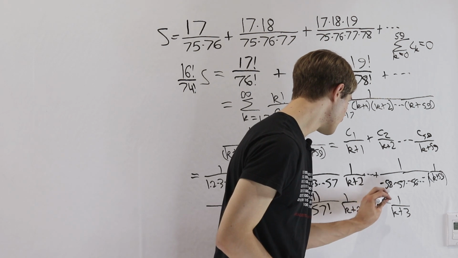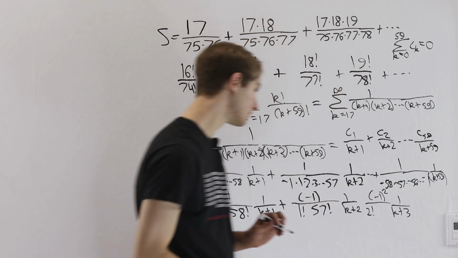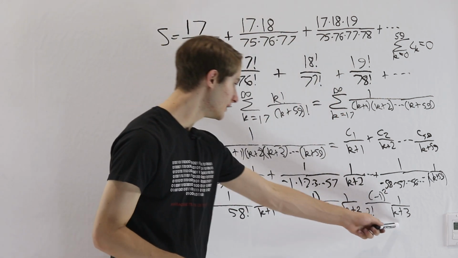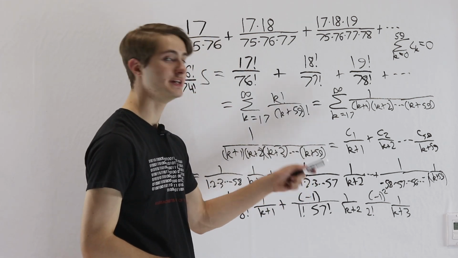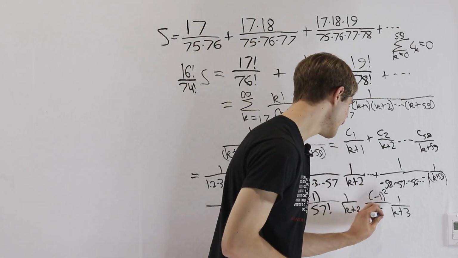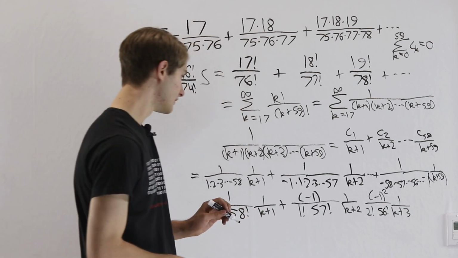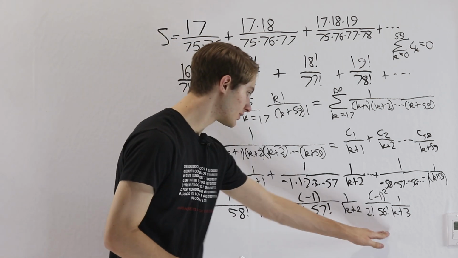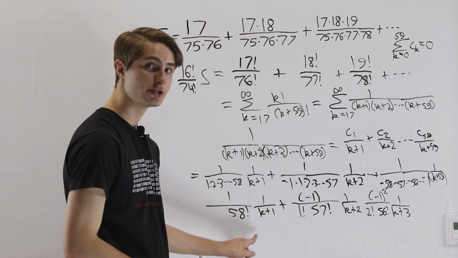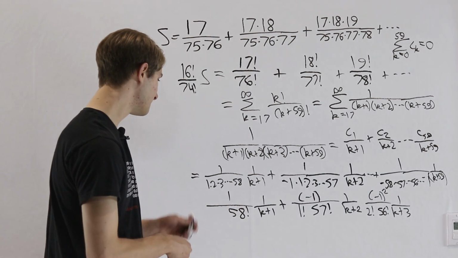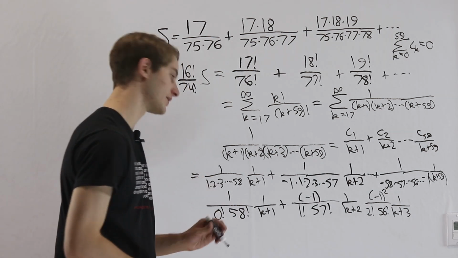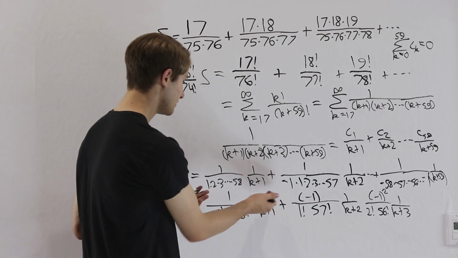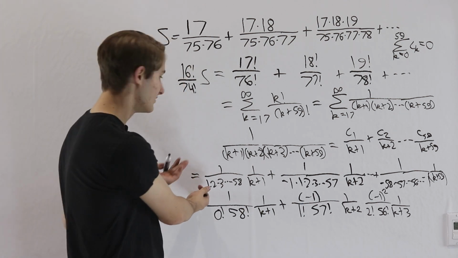That'll be a negative 1 squared over 2 factorial. And then if we plug in negative 3 up here, we get 59 minus 3 is 56 factorial. Now we notice a pattern of 2 factorials in the denominator. If we look at this first term again, this k plus 1 term, we can think about having a 0 factorial, because that's just equal to 1, which corresponds to not multiplying anything over here.